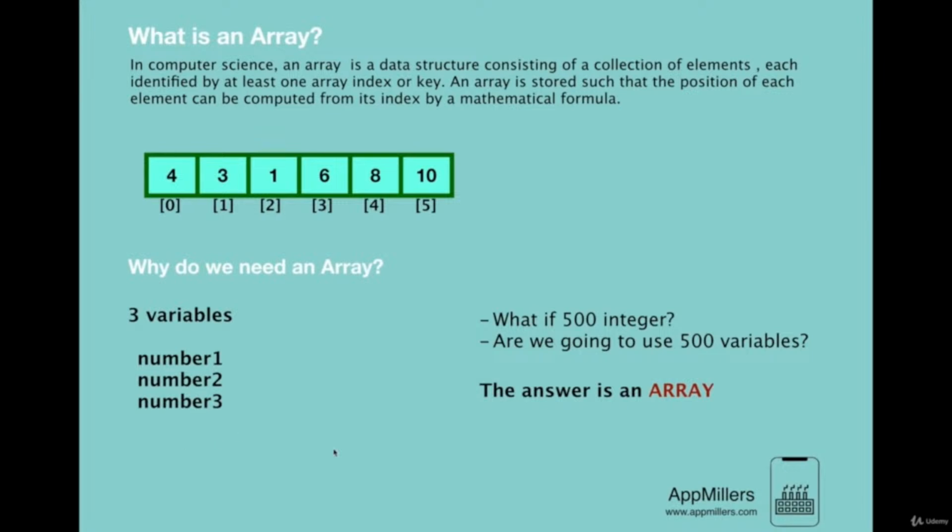So instead of declaring 500 variables, we just need to declare an array of type integer and keep these values inside the array. Later on, by using the indexes of the array, we can access these values easily. And that's it. Hopefully, with this lecture, you have understood what an array is and why it's essential in programming. Now, in the next lecture, we will look at different types of array.